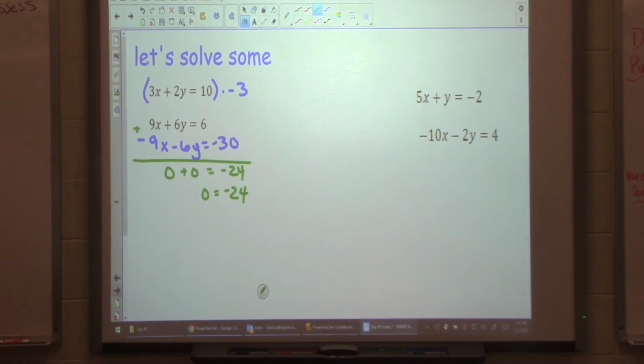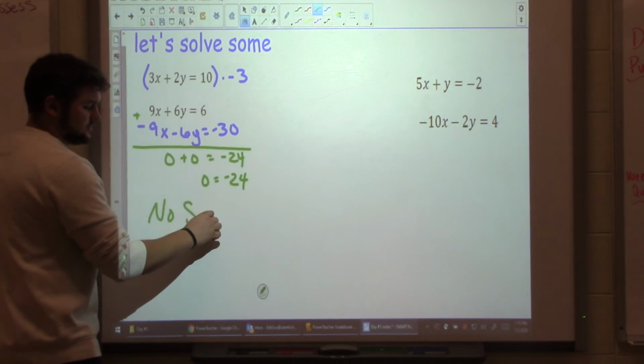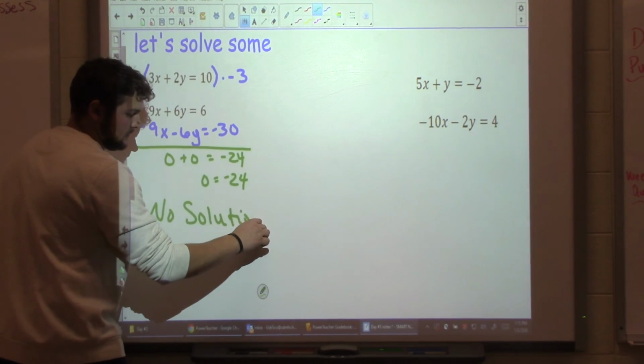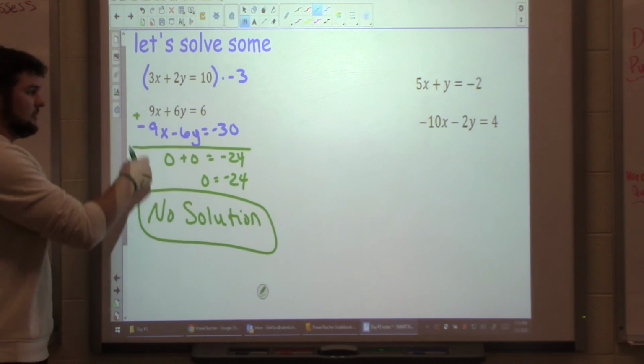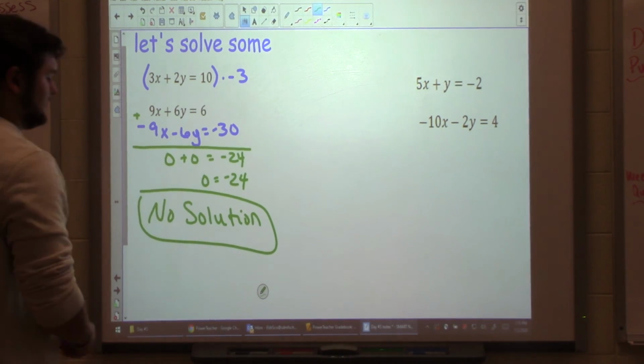Is that a true statement? No, right? Notice all my variables cancel out. It is not a true statement, which means my answer is going to be no solution. If all your variables go away, no x's, no y's to be seen, and it is a false statement, that is no solution.